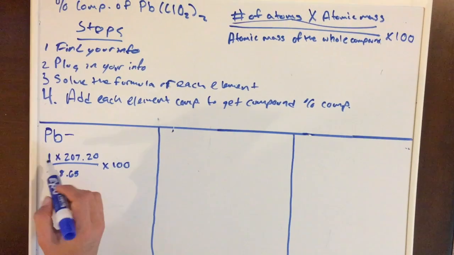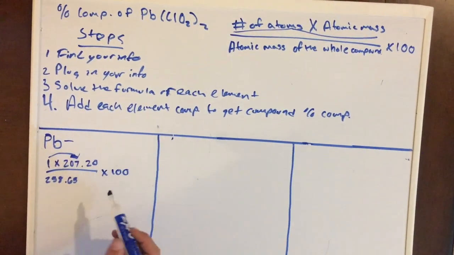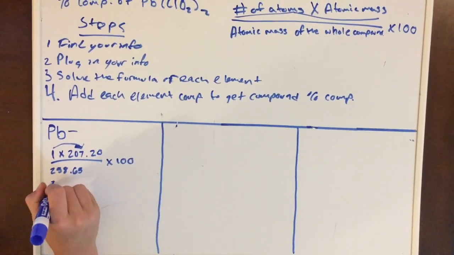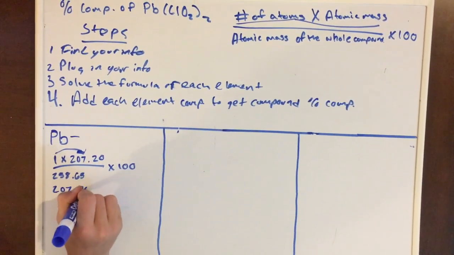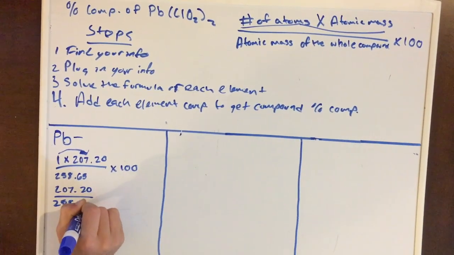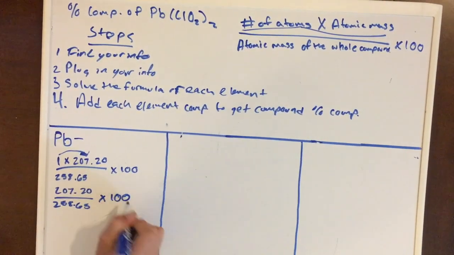What you want to do is multiply this 1 times 207.20, and you will get 207.20 all over 258.65 multiplied by 100 still.